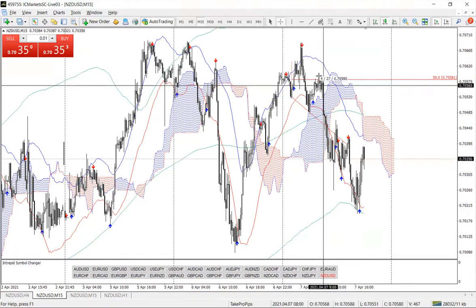But here it was so near, like 3 pips, and I wouldn't go for this one. So what I would recommend is you can use this previous swing as the stop loss, which is like 13 pips. It's still good enough.